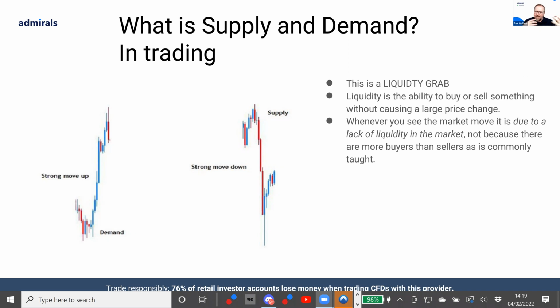Now, liquidity isn't necessarily super important for ourselves as private retail traders. It's not really an issue. But if you're a big institutional trader, at a bank or a hedge fund or another financial institution, and you're trying to put on 1,000 contracts, 2,000 contracts, this is where liquidity becomes important.